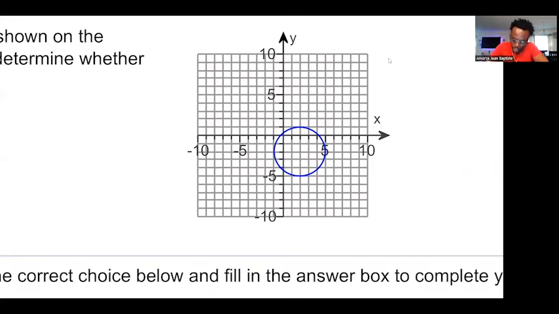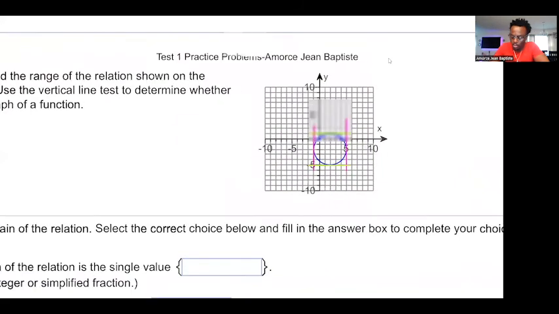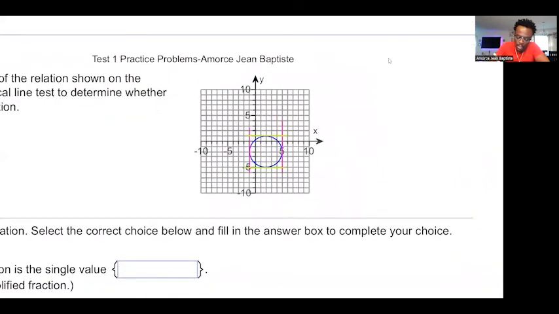We need to find out how far this graph goes from left to right for the domain, and how far it goes from the bottom up, and that's going to be the range. But there are three things that I need you to remember from here. You need to look at how the graph ends.